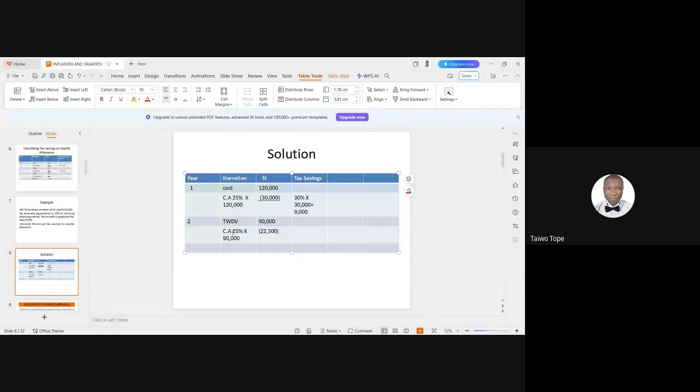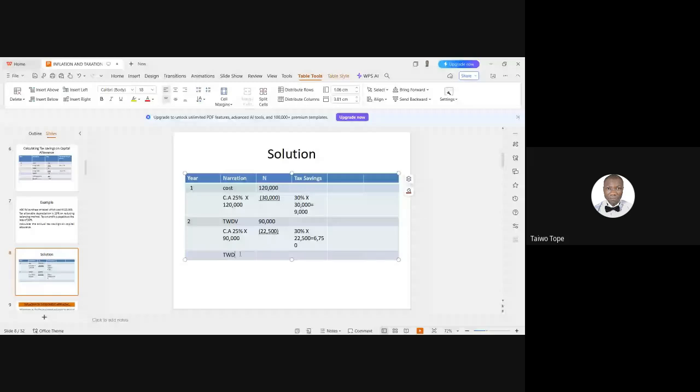Your tax savings for this year will be what? 6,750. That is 30% of 22,500, and this will give us 6,750. The difference between 90,000 and 22,500 will give you your tax written down value.